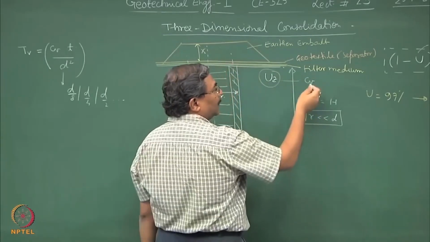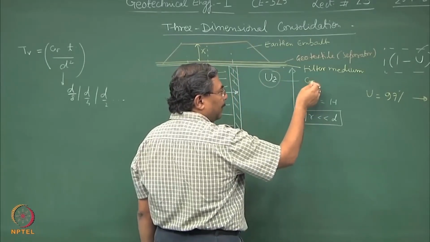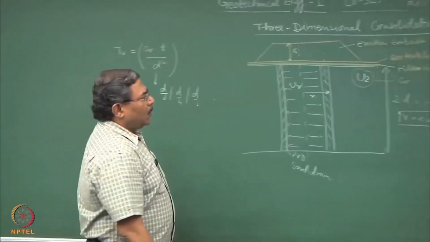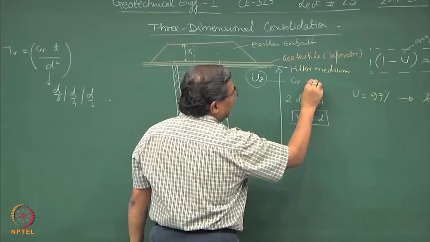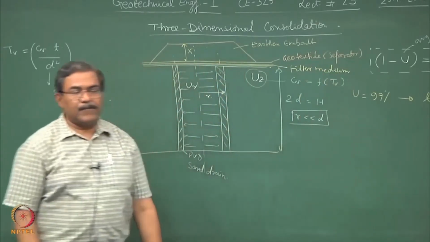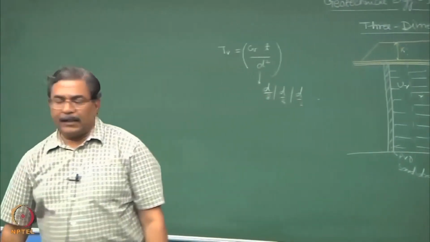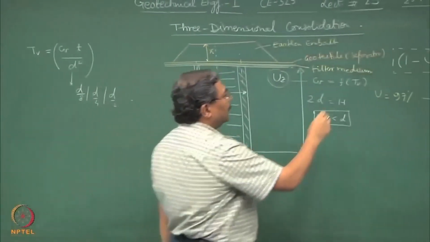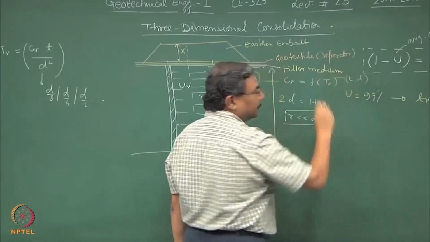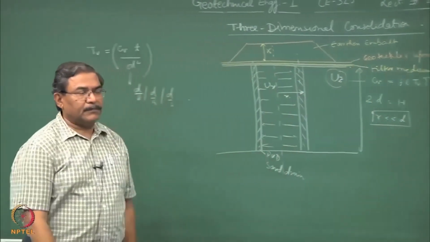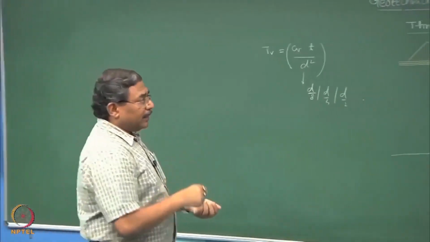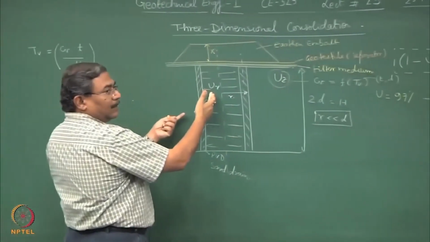I will say now coefficient of consolidation in the vertical direction. And this CV is related to TV, and this TV takes into account the time and the drainage path. Is this okay? Now, what we have done extra is we have induced UR.